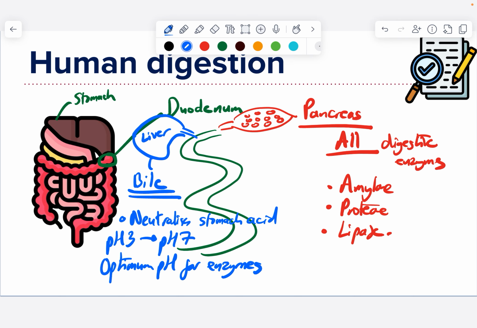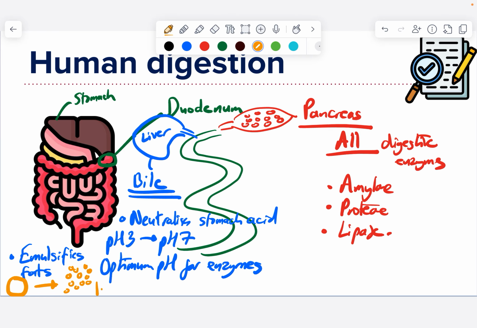The second function of bile is it does something called emulsify. In particular, it emulsifies fats or lipids. What we mean by that is this. If this is my lipid globule, it physically breaks down the lipid globules into smaller droplets.